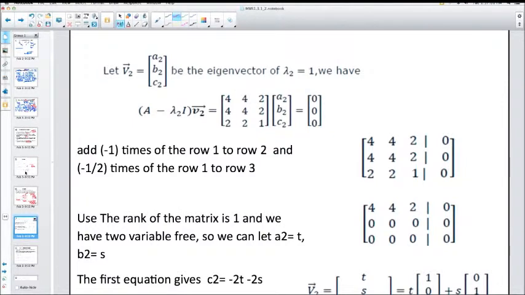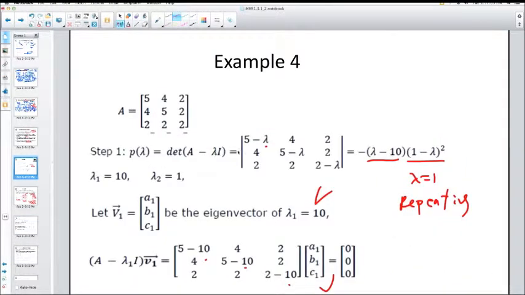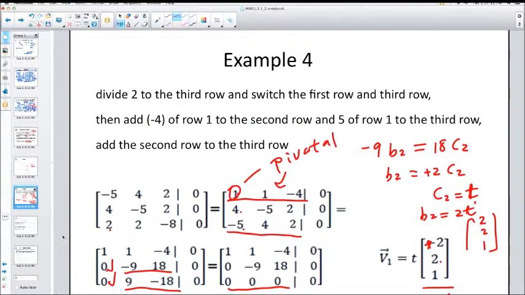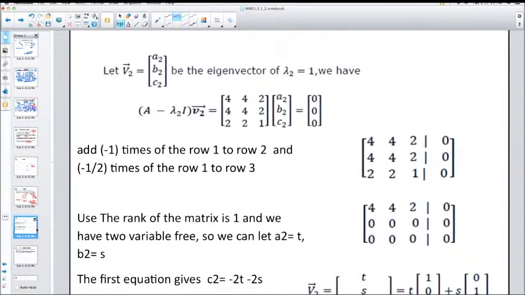The second one is more interesting. When the lambda equal 1, put back into here the 1. See, 5 minus 1 is 4, 4, 4 on the major diagonal. And what we get is 4, 4, 2, 4, 4, 2, 2, 2, 1. What does that mean?